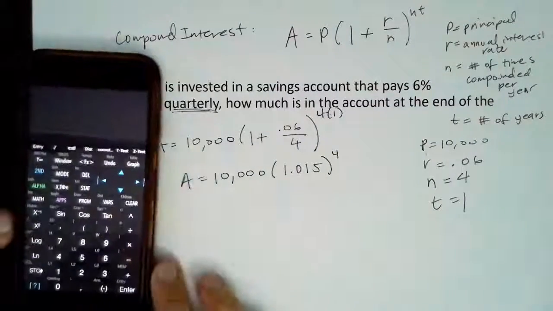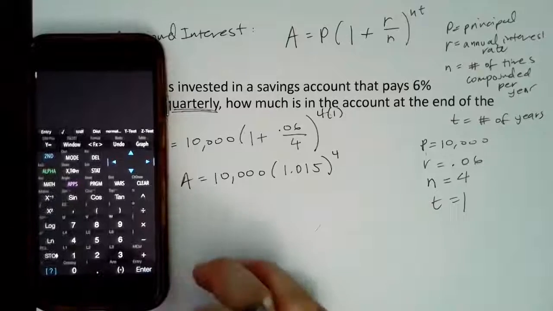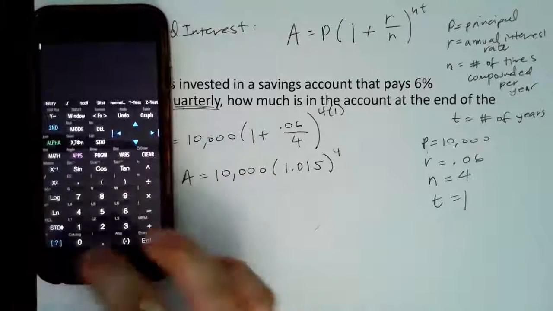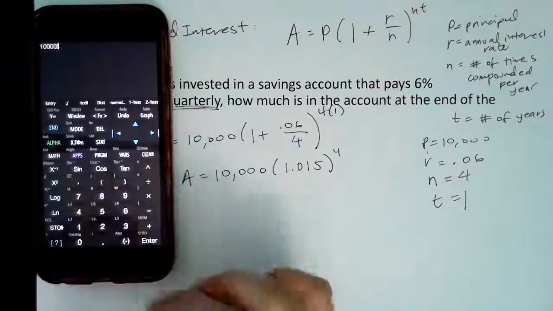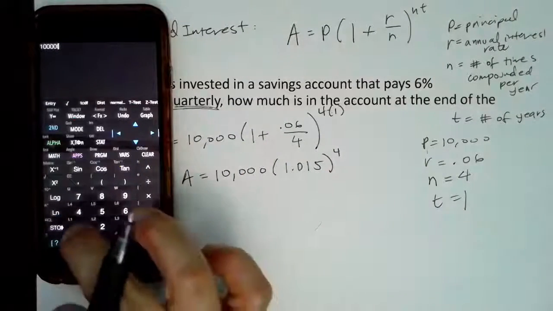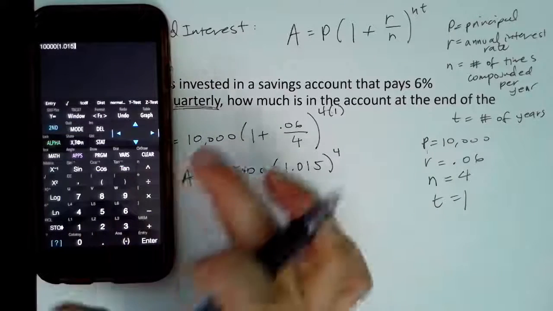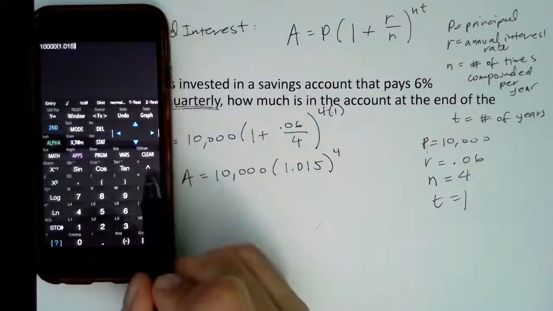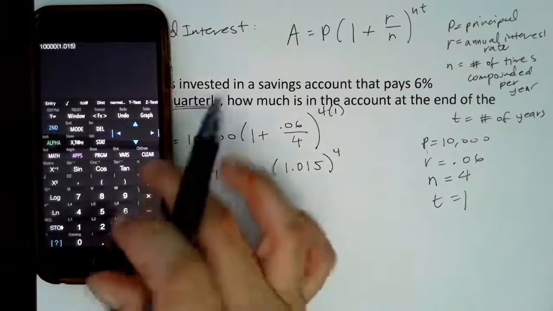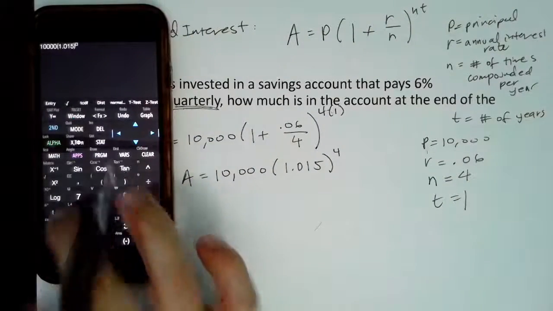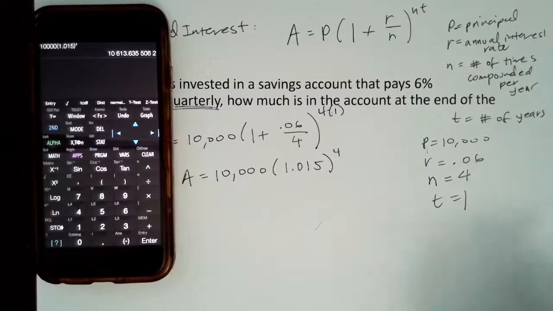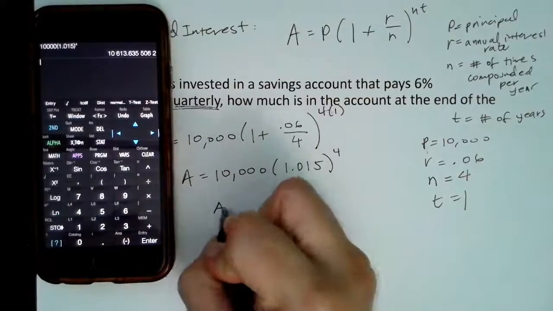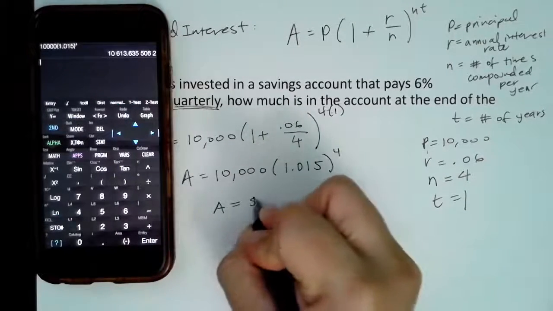To put this in your calculator, we write 10,000 times, then a parenthesis, 1.015, then the caret key, to the 4th power. Then you hit enter.